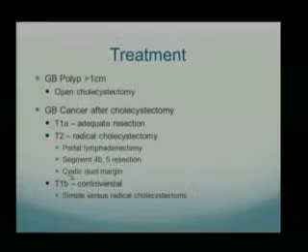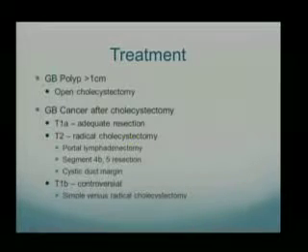T1B is the controversial area. As we said, T1A, nothing to do, nothing more besides cholecystectomy. T2 would be radical cholecystectomy. T1B is relatively controversial. Some people will tell you lap chole or cholecystectomy essentially is adequate, and others will tell you no, you need radical cholecystectomy because the concern is T1B lesions may have a higher recurrence rate.